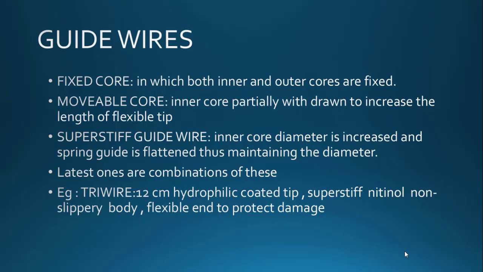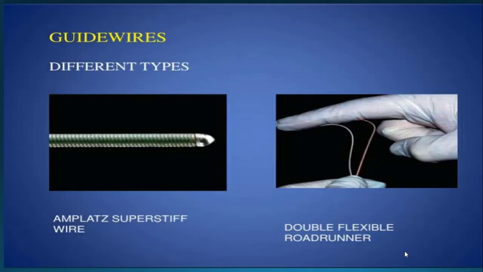The latest ones are a combination of these cores. For example, the tri-wire has a 12 centimeter hydrophilic coated tip, a super stiff nitinol non-slippery body, and is flexible and protected from damage. The first one is the Amplatz super stiff guide wire, which is straight, and the second one is the double flexible roadrunner wire.